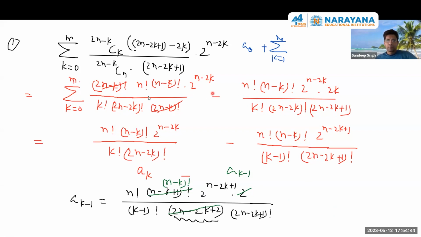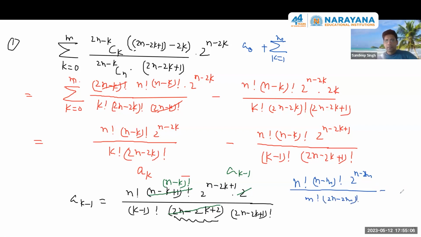This is a simplification. So a of m, I'm writing the final answer. So a of m is going to be n factorial, n minus m factorial, 2 power n minus 2m, whole divided by, in place of k, I'm writing m, 2n minus 2m factorial.